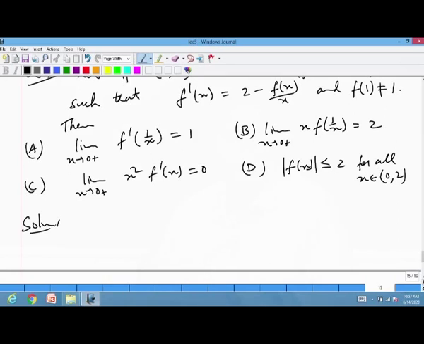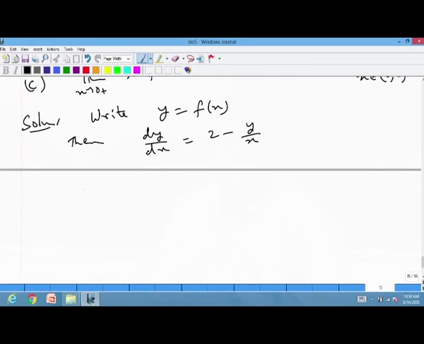So, what we are given is an ODE. Write y equal to f x, then we have f prime x is dy dx is equal to 2 minus y by x, and this can be rewritten as dy dx plus 1 by x times y equal to 2.